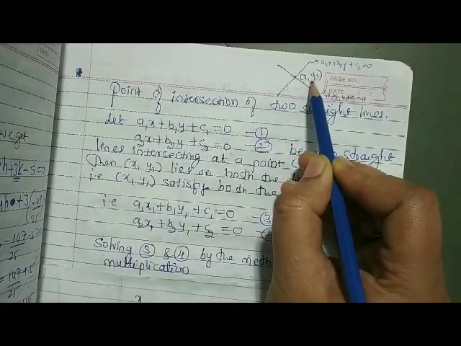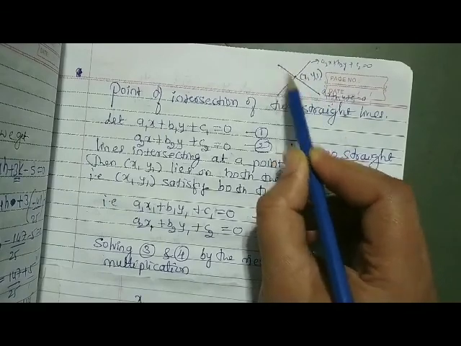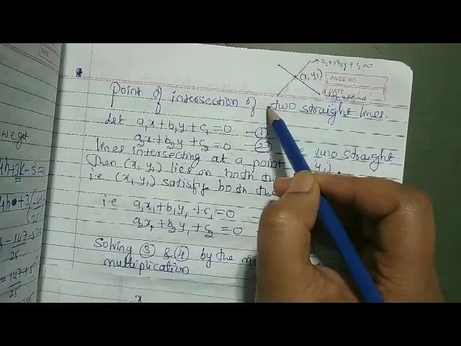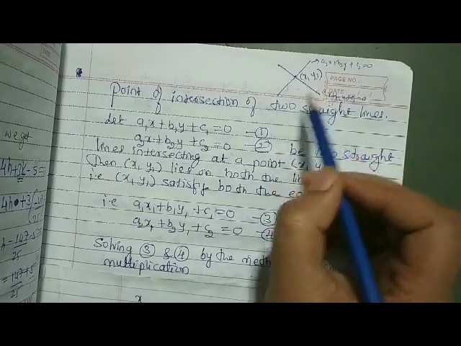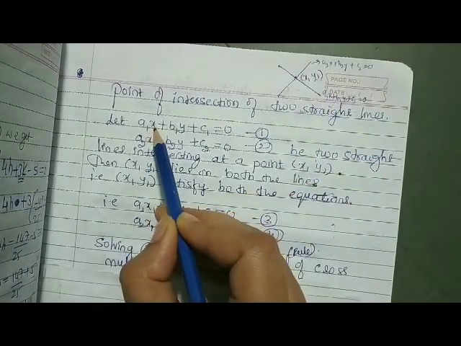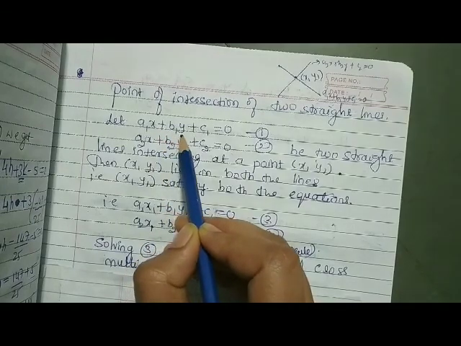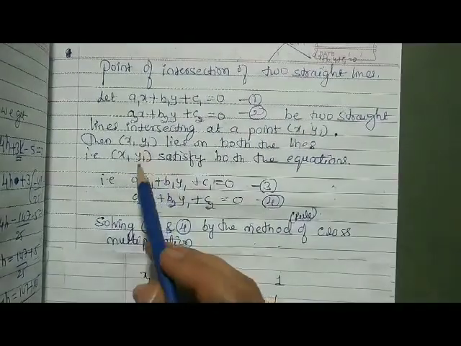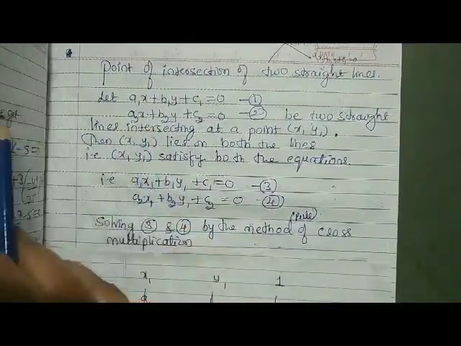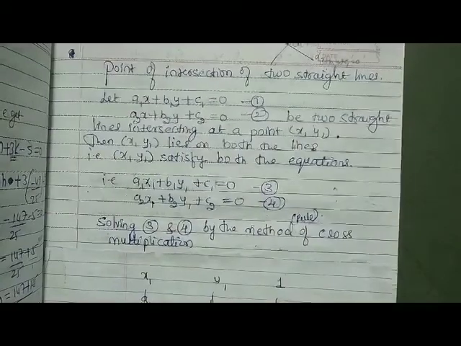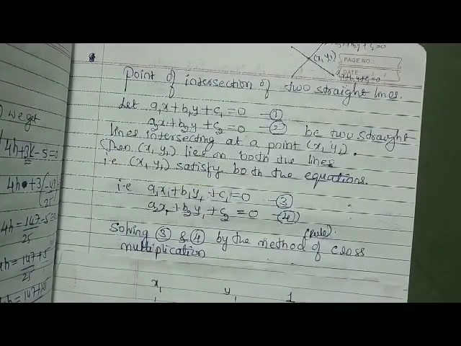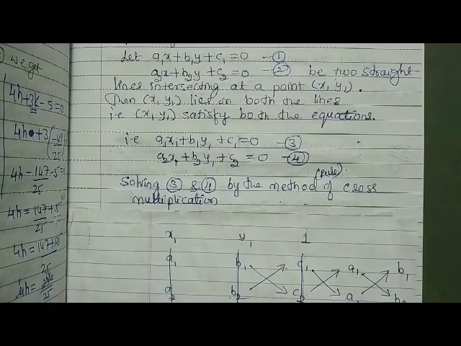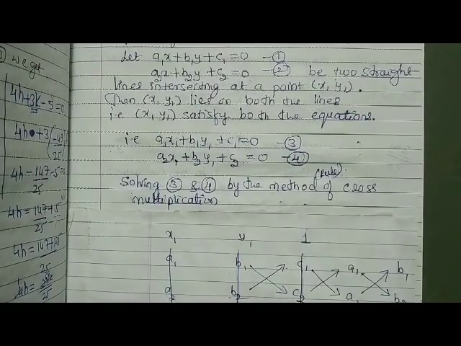Then x1 y1 lies on both the lines, that is x1 y1 satisfies both the lines, that is a1 x1 plus b1 y1 plus c1 is equal to 0 and a2 x1 plus b2 y1 plus c2 is equal to 0. Solving these equations by the method of cross multiplication.